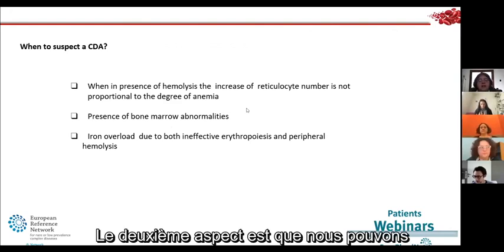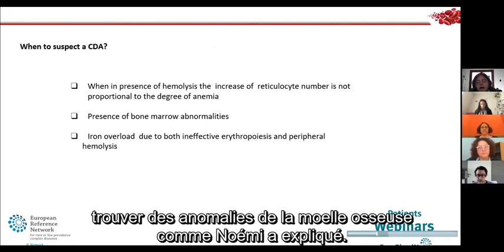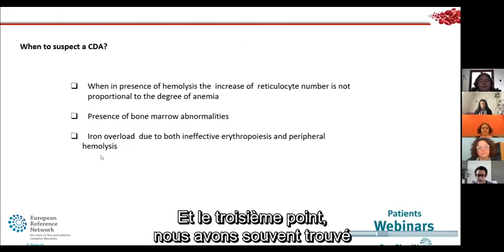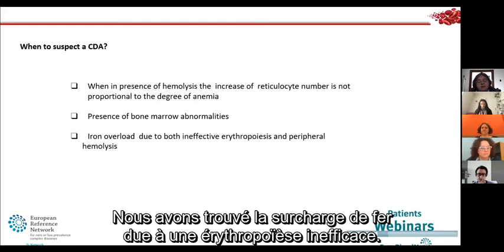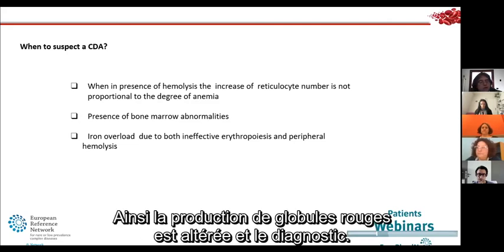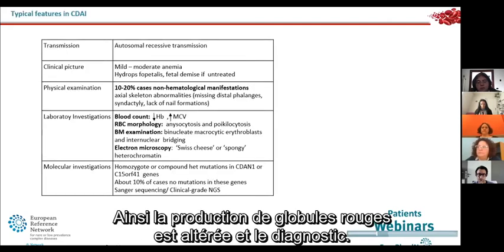Then the second aspect is that we can find some bone marrow abnormalities, as Noemi explained. And the third point is that in this disease we often find a deposition of iron, so we find iron overload. This is due to ineffective erythropoiesis, so altered red cell production, and the hemolysis.